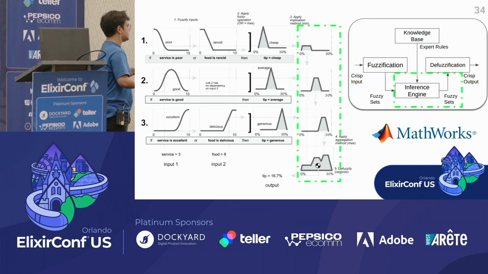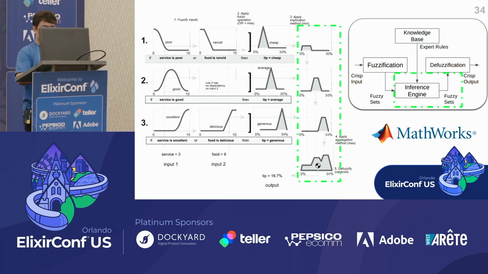We have to combine these rules in order to get the real world value that we need. So in this case, we do the aggregation method, which is applying the max value between every graph or every fuzzy set.